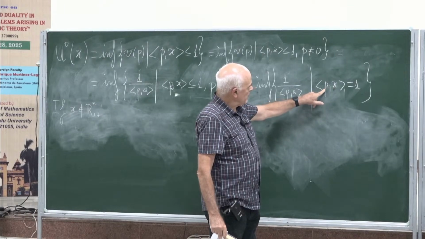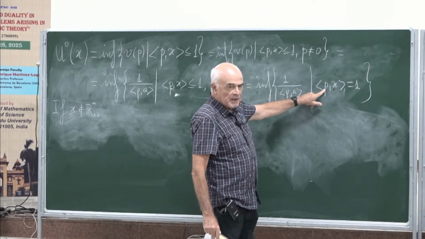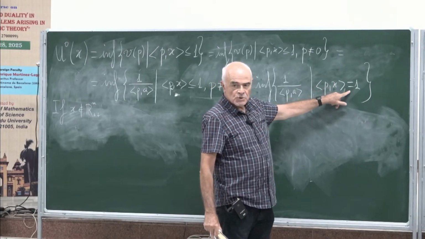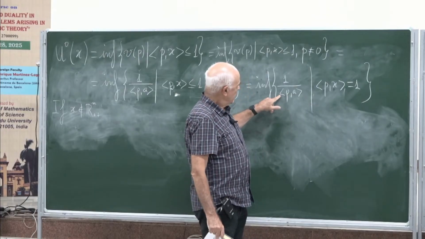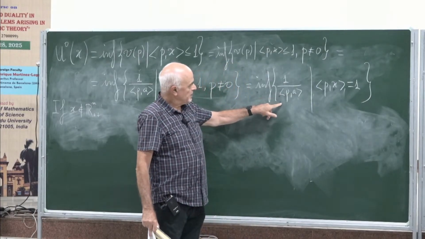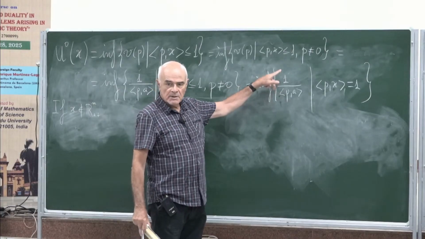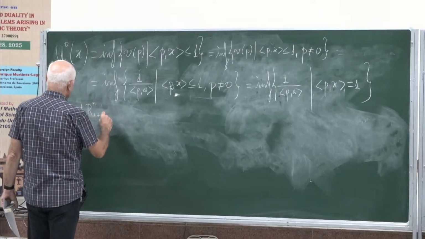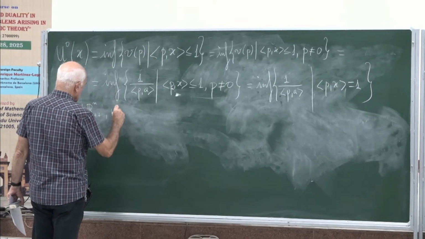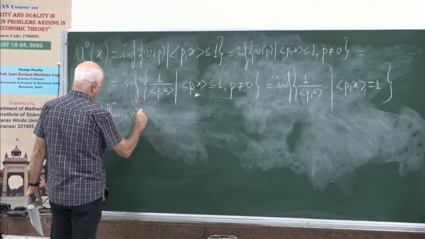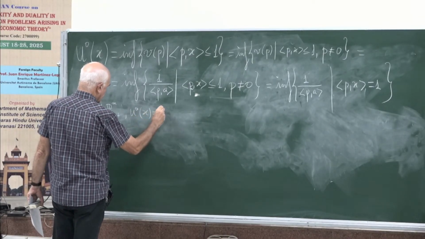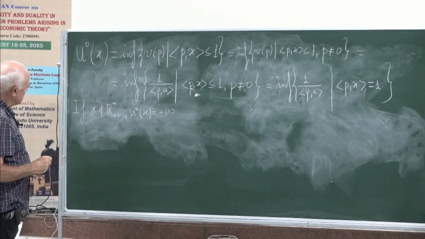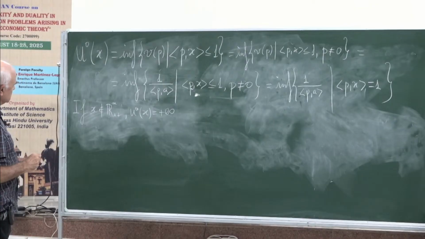For that component, I can take the corresponding p_i as large as possible without violating this constraint, and this denominator would go to plus infinity, which means the quotient would go to 0. So if x is not strictly positive, then u0 of x would be plus infinity, which is surprising to me.